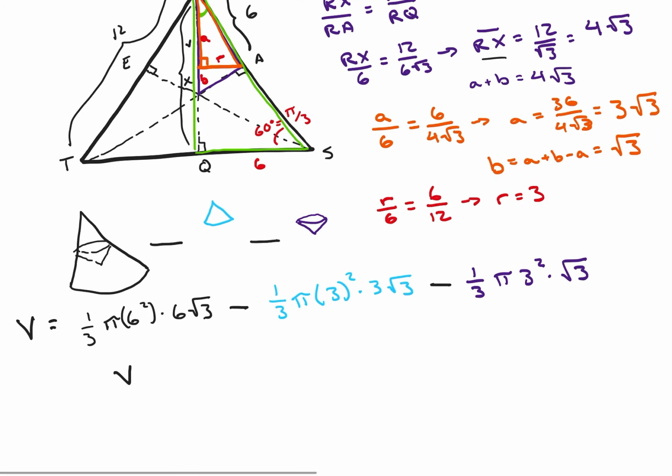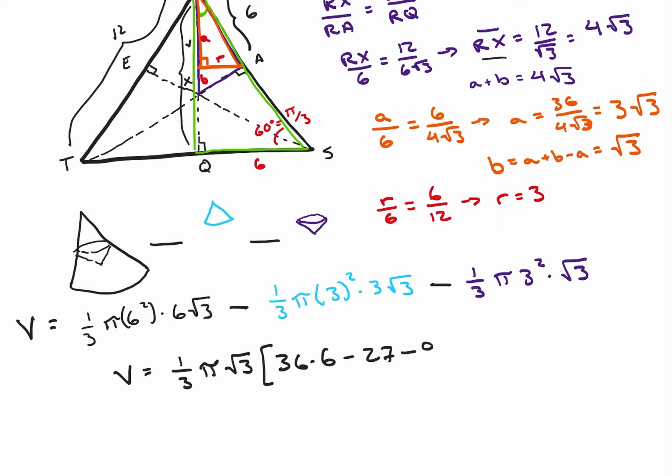So for our volume, I can pull out a 1/3 pi from all of those, and I can pull out a square root of 3. And what I'm going to be left with is 36 times 6 minus 27 minus 9 on the inside.